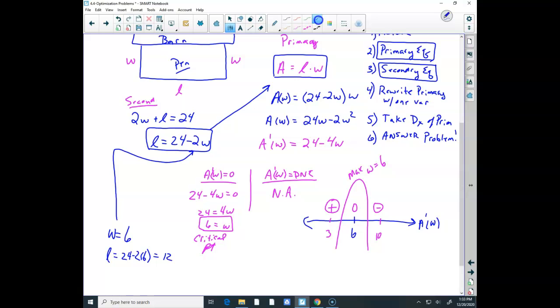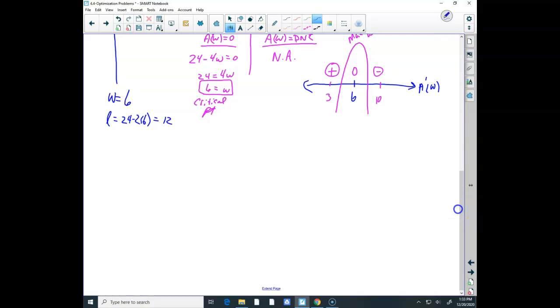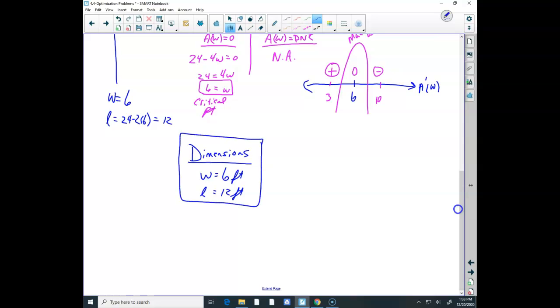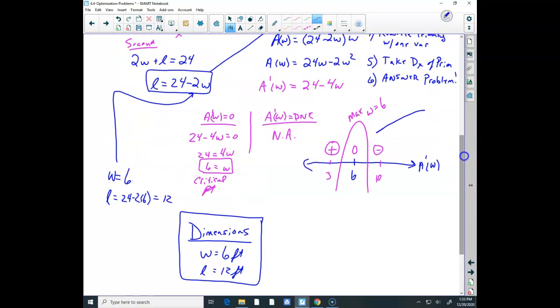So my dimensions, in the end, are going to be a width of 6 feet and a length of 12 feet. That is going to maximize the fun zone for the cows. And yes, we did use calculus to justify it's a maximum. It's right there on my first derivative test.